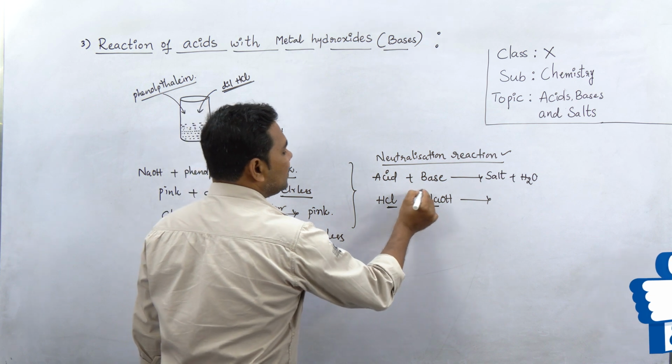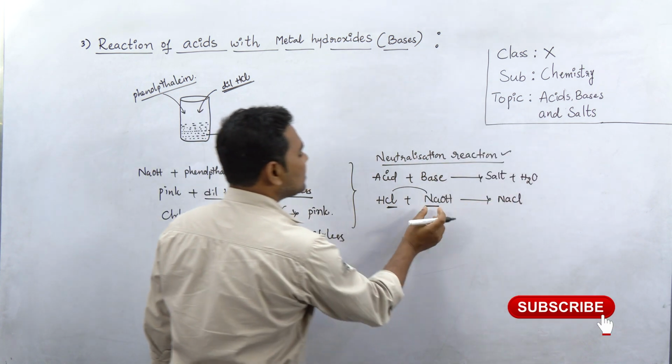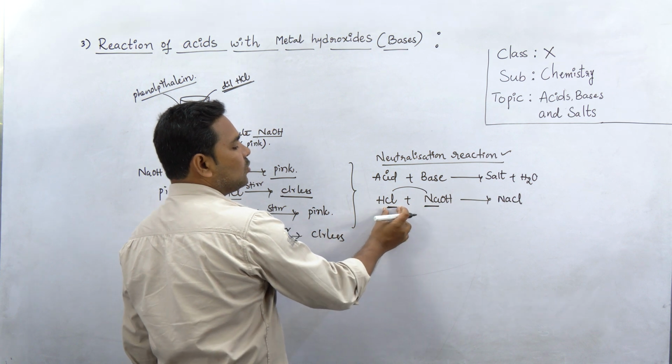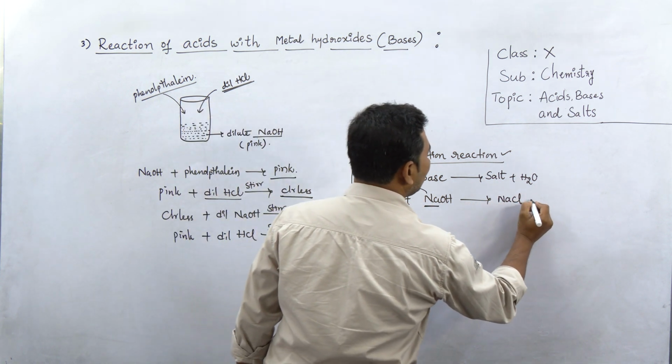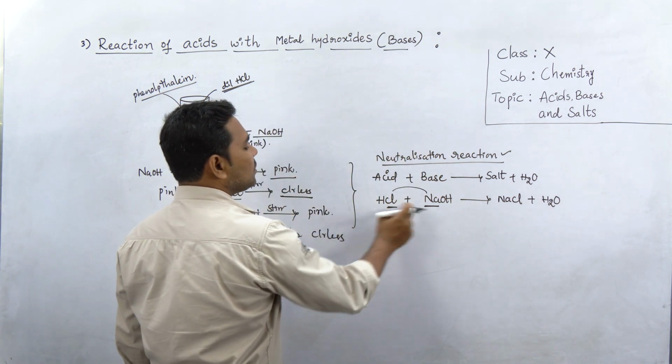These two combine to form the salt NaCl. Here sodium is monovalent and chlorine is also monovalent, so the formula of sodium chloride is NaCl, plus water H2O, and this is a balanced chemical equation.